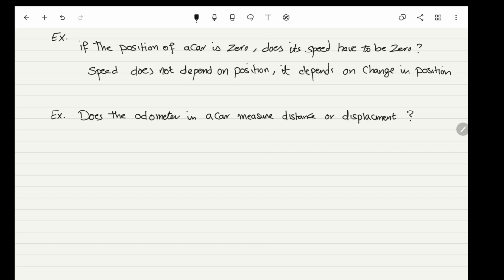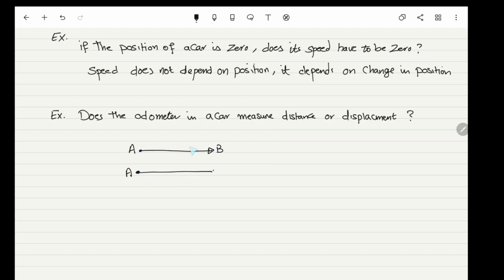Example, does the odometer in the car measure distance or displacement? The odometer actually measures distance. Let's take this quick example. If you go from city A to city B, then move back to city A, in this case the odometer measures this distance, from this point to this point and back to this point here.